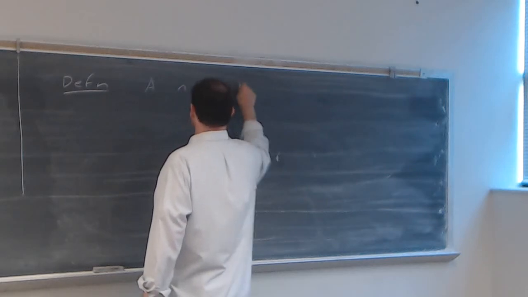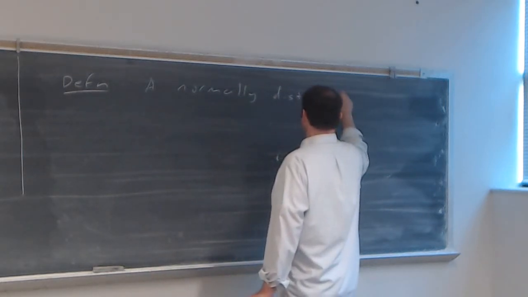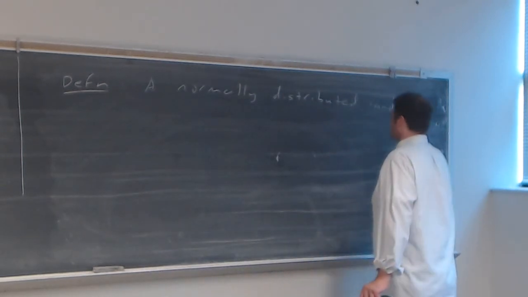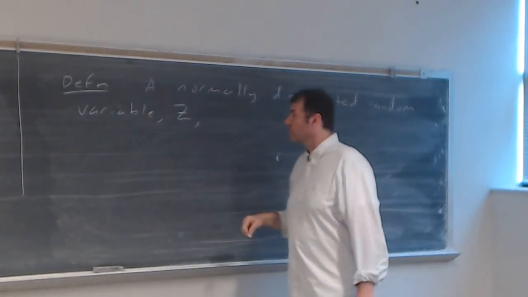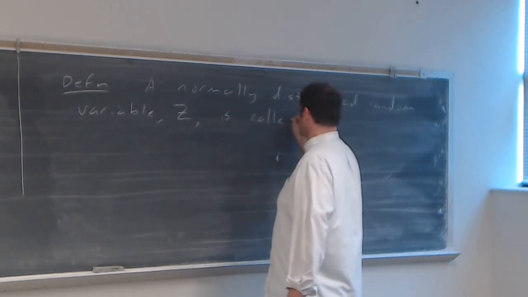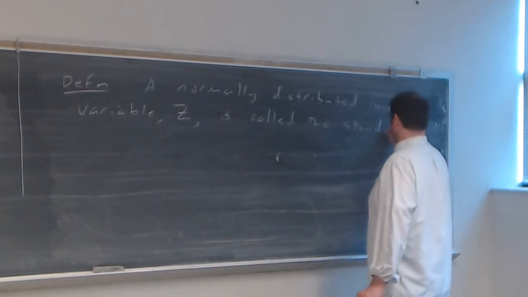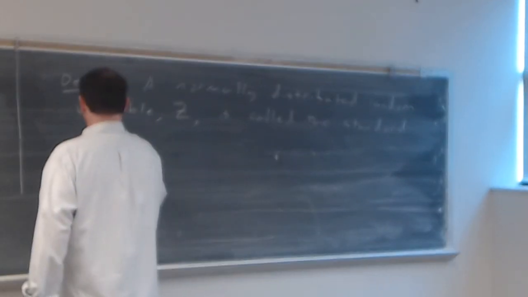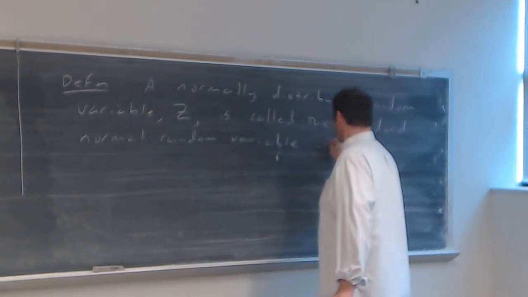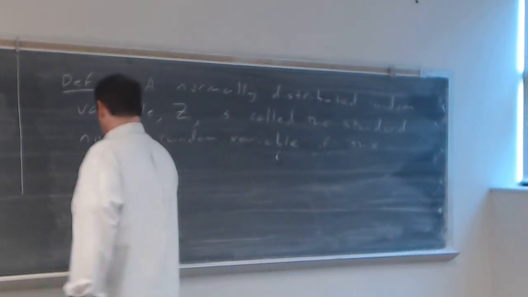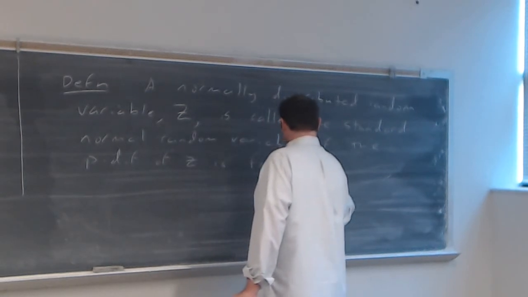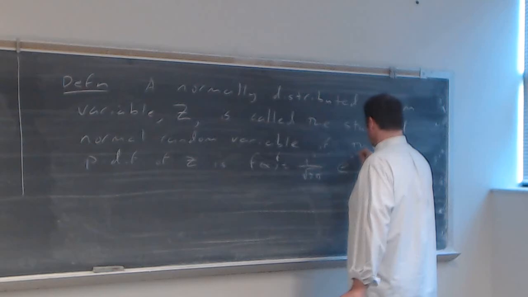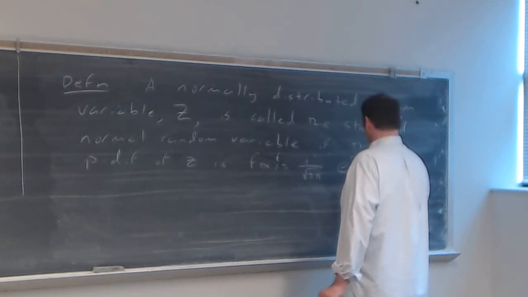A normally distributed random variable, I'm going to give it a symbolization of z, is called the standard normal random variable if the PDF of z is f of x equal to 1 over the square root of 2 pi e to the minus x, or I'll say z, squared over 2 sigma squared.